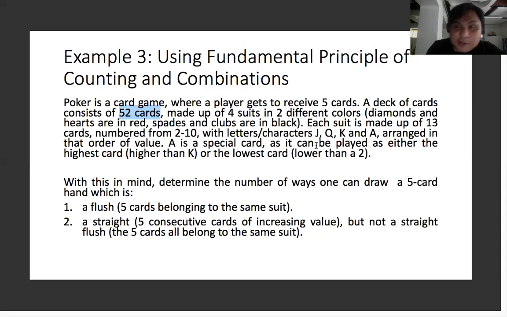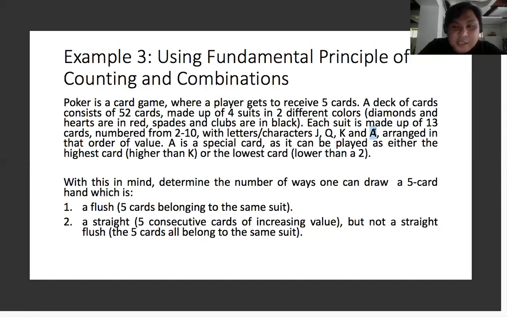Each suit is made up of 13 cards, numbered from 2 to 10, and it has the characters J, Q, K, and A. J stands for a jack, Q for a queen, K for a king, and A for an ace.